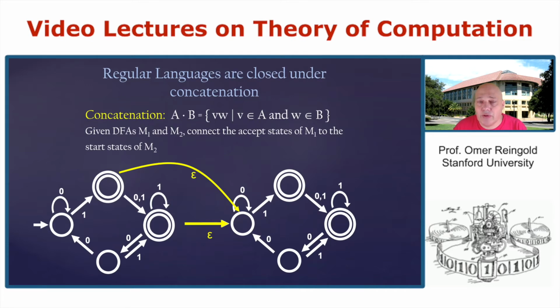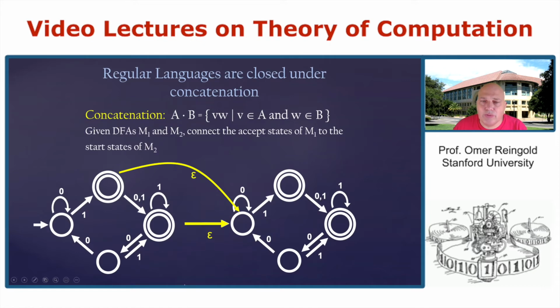So whenever you are in an accept state of the first DFA, you can decide that V ended and jump to the start state of the second DFA to see that W is also in B.